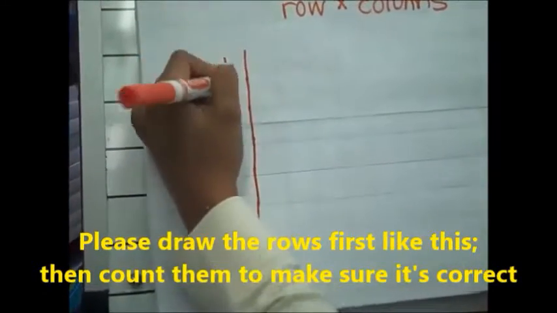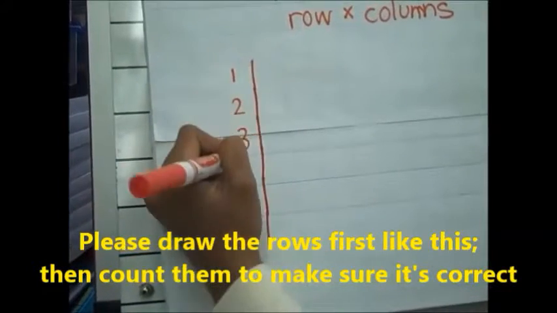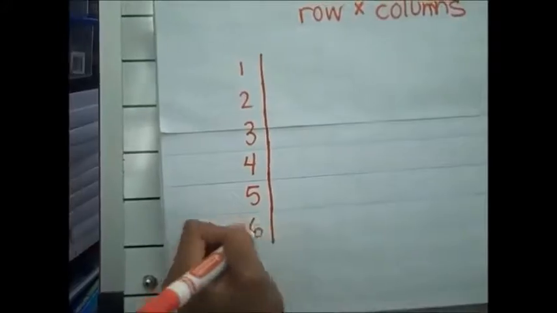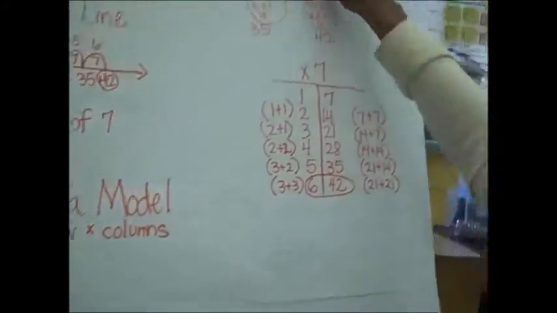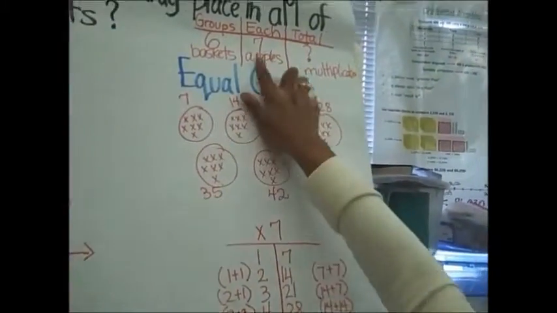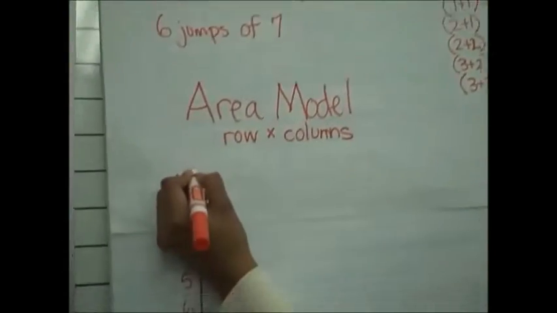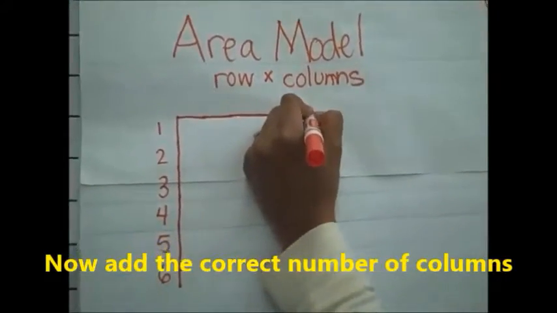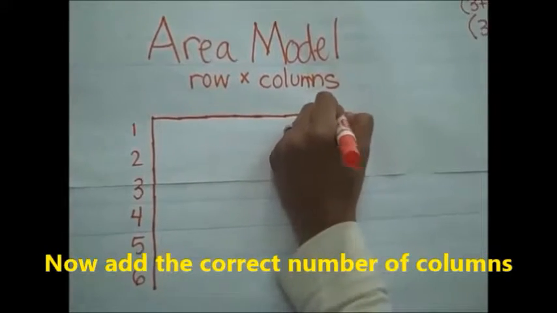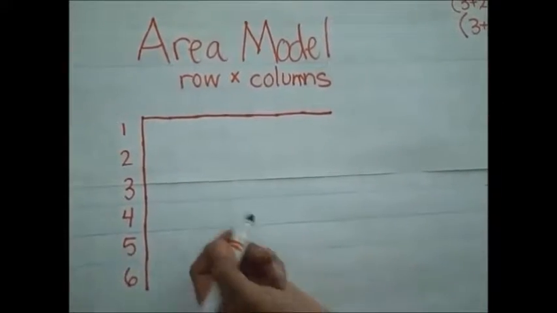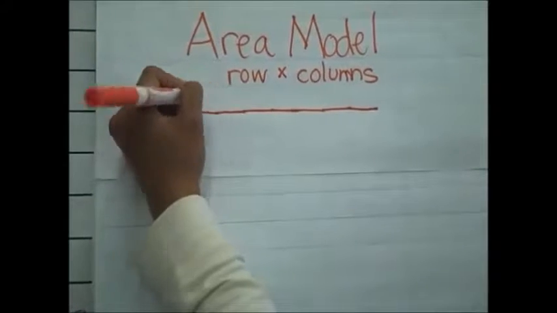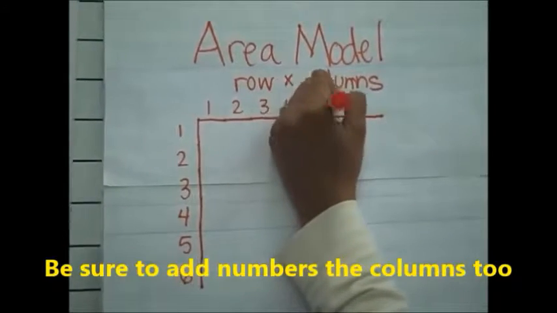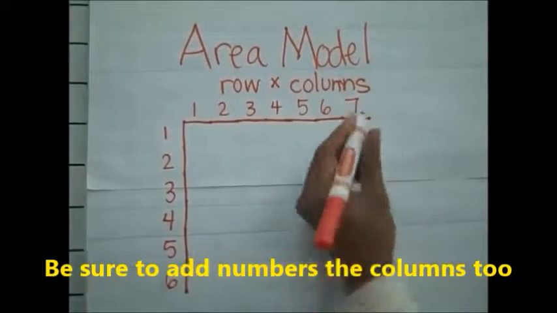I number them to make sure that I have created 6 rows. Also, I have to have 7 in each, so each row will have 7: 1, 2, 3, 4, 5, 6, 7. Again, I number to make sure that I didn't miscount.